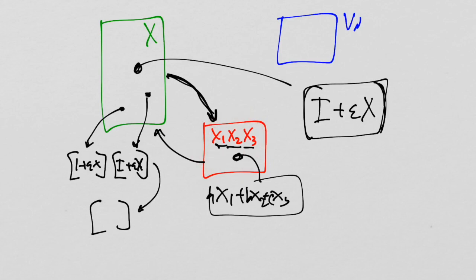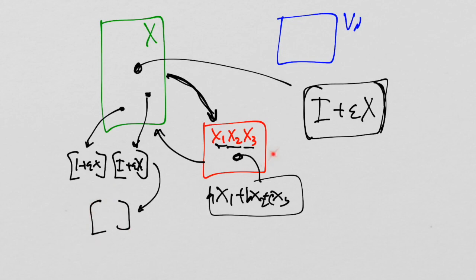The generators form linear combinations. The generators are a basis of a vector space. Any linear combination of those generators is another generator, and each of those generators can be used to create an element of the Lie group that's infinitesimally close to the identity. And if you take two elements of the Lie group that are infinitesimally close to the identity, which are matrices now, because everything here is a matrix, you can do matrix multiplication to get another element of the Lie group.